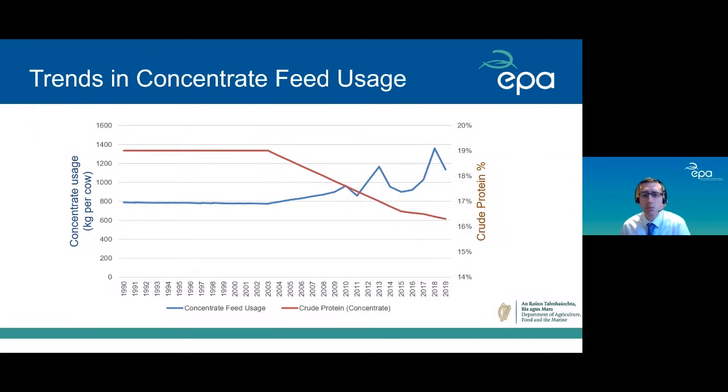This has been offset somewhat by a reduction in the crude protein proportion of the concentrate feed, which also impacts the nitrogen availability and therefore nitrous oxide emissions, which is a positive effect. So we wanted to be able to reflect these changes in our inventory, which we have.